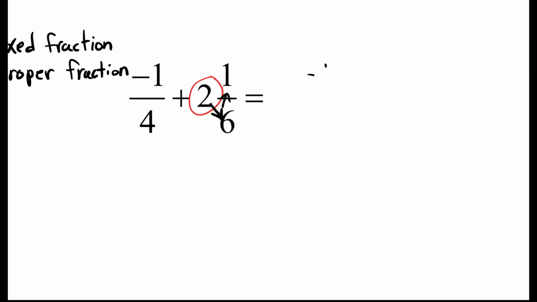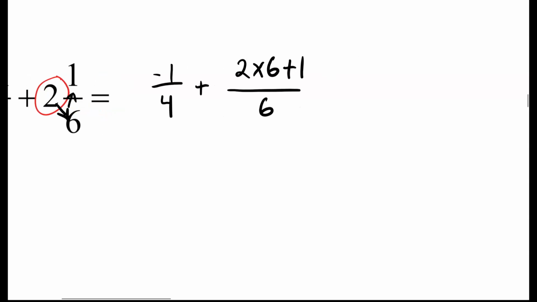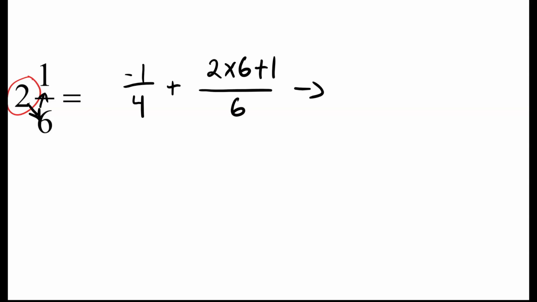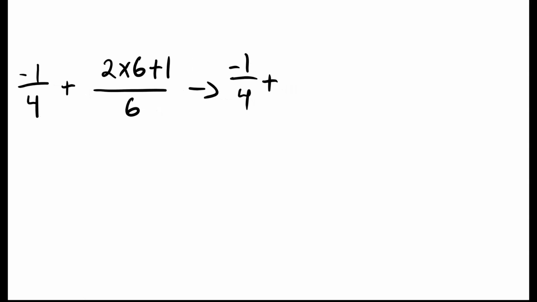Now, the negative 1 over 4 is not changing, but we have to take the plus that's in the middle and 2 multiplied by 6 plus 1 over our 6. This gives us still negative 1 over 4 plus, and we have 2 times 6, which is 12, plus 1 makes 13 over 6.